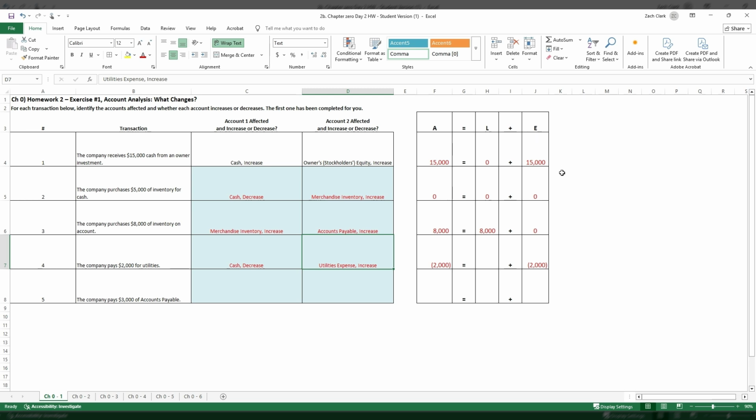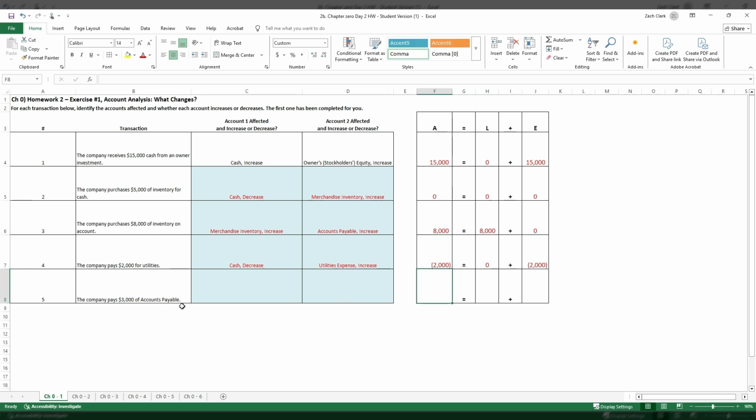And the components of equity include revenues increase equity, expenses decrease it. So there's a little bit of a logic leap you have to make here, is that you need to understand that by increasing expenses, you are decreasing equity because the expenses are essentially like a reducing factor to equity. So hopefully that makes sense and you kind of remember how that all works. And that's how it shows up, if we were to look at it from the overall accounting equation perspective.